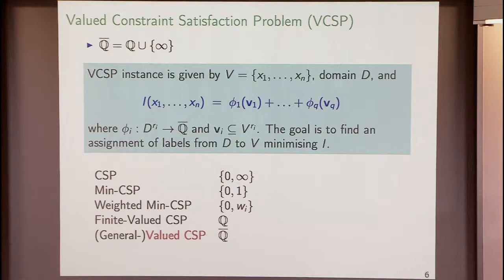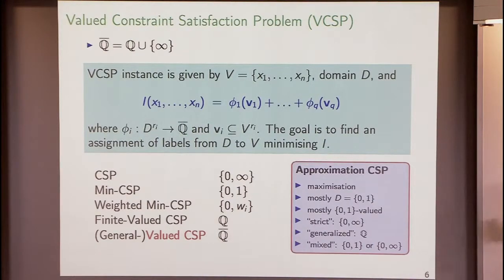There are a lot of recent breakthroughs and results in the approximation community. So let me comment on their approach to CSPs. They often deal with maximization problems because, for approximation, there's a big difference between minimization and maximization. For the purpose of this talk, there's no difference because we care about exact solubility. Most of the papers deal with the so-called Boolean domain, where D has just two labels. In fact, most of the papers also deal with 0-1 valued functions only.